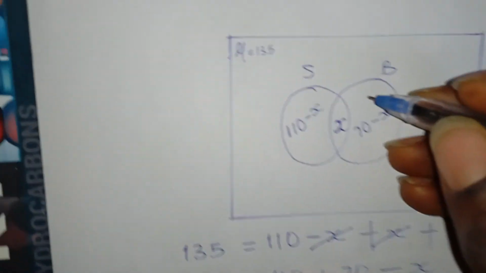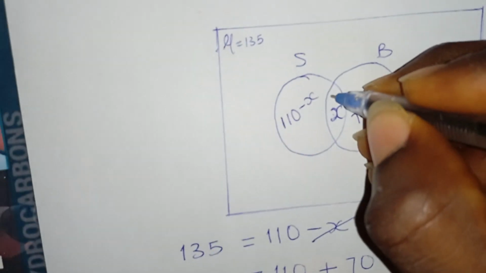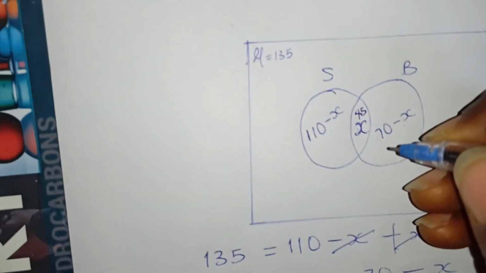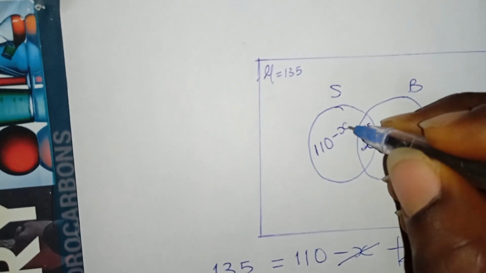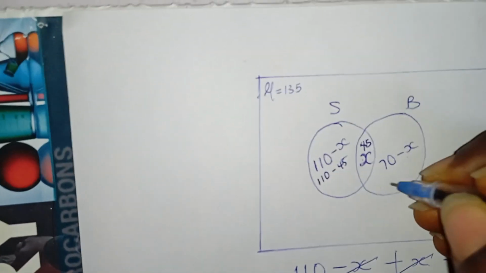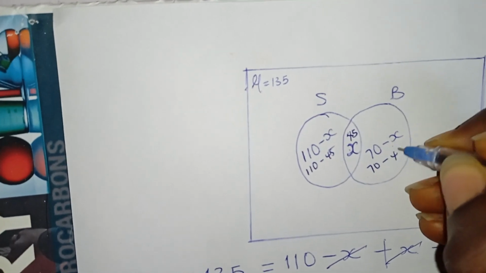So I will now substitute. What I have here in the middle is simply 45. To get what I have here is simply 110 minus 45. What I have here is simply 70 minus 45.